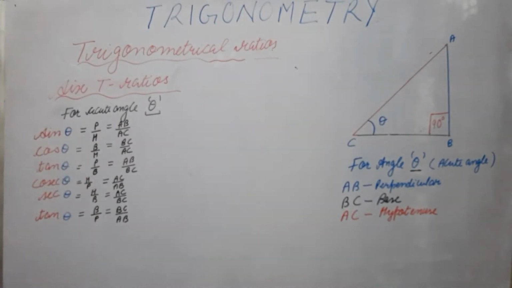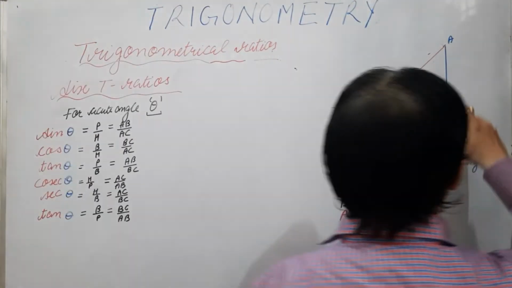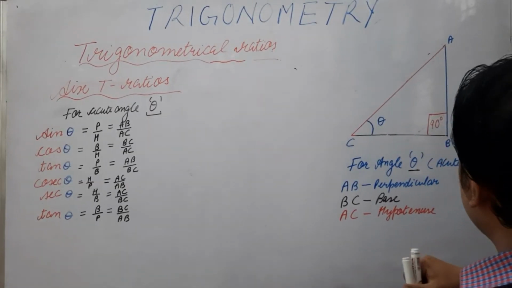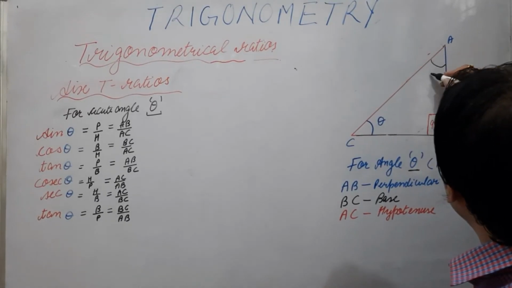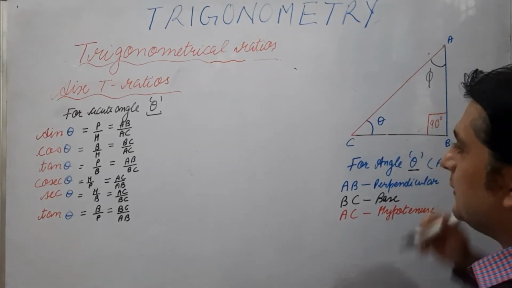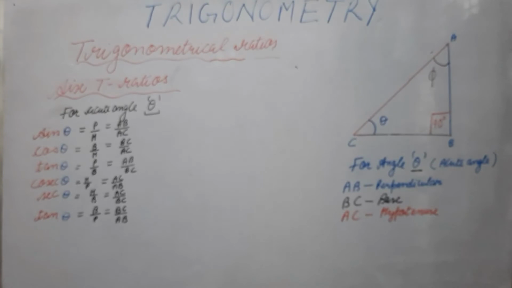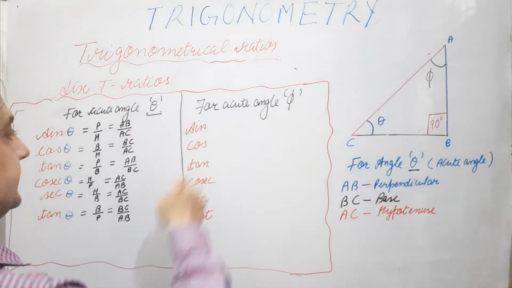Acute angle theta. Now we'll take the same ratios for the other acute angle. I will take this angle now. I will indicate this angle as an acute angle, that is angle phi. So now we will write the T ratios for acute angle phi, the 6 ratios for angle phi.